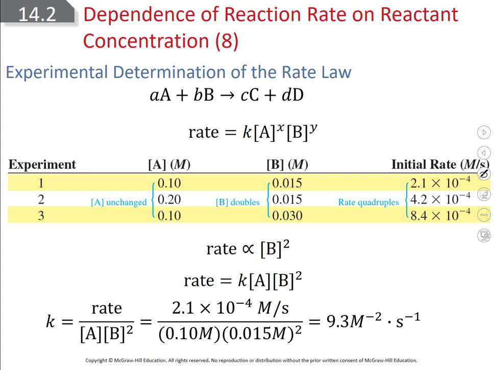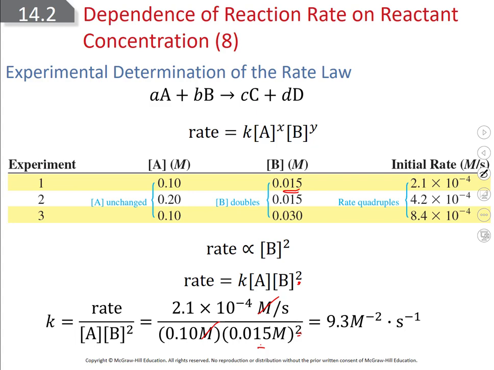Notice that when we did this, we got a different unit for K, because here, down at the bottom, B is now squared. So when we plug in our concentration of B, we had to square it, because B is squared in our rate law. So when we square it, that doesn't just square the value, that also squares the unit. So I've got molarity canceled with molarity, but on the bottom, I'm still left with molarity squared.